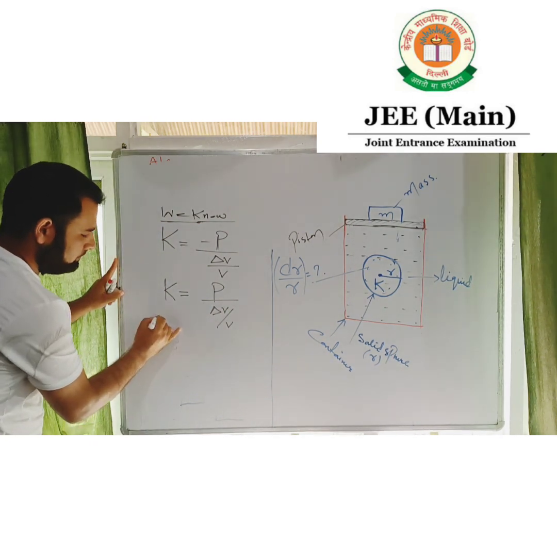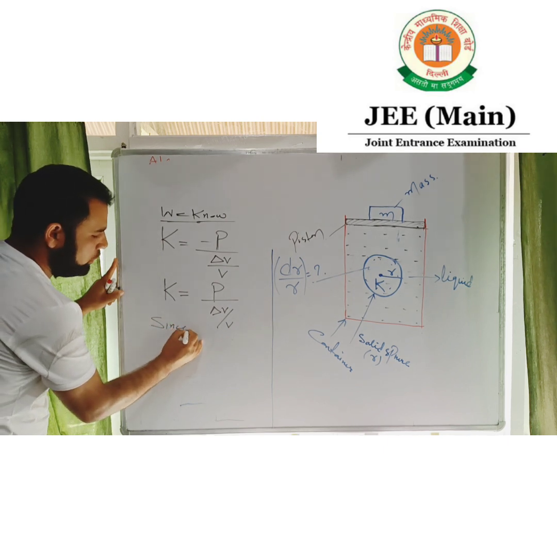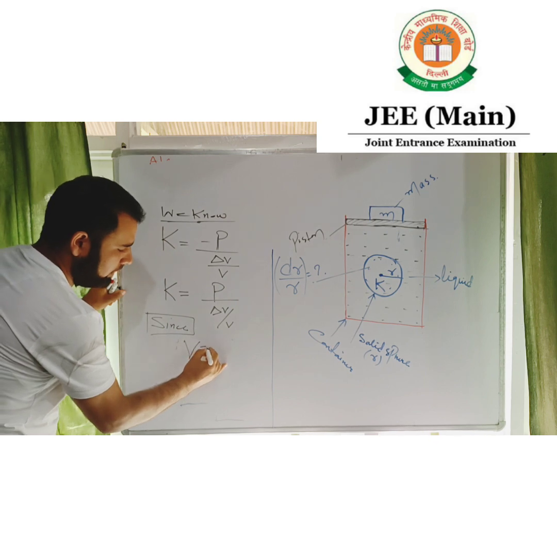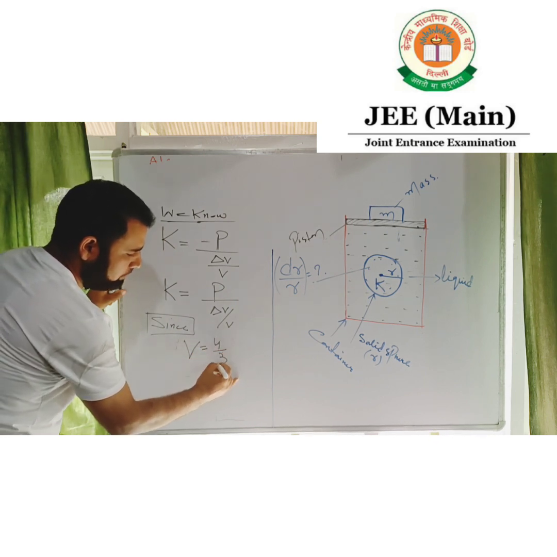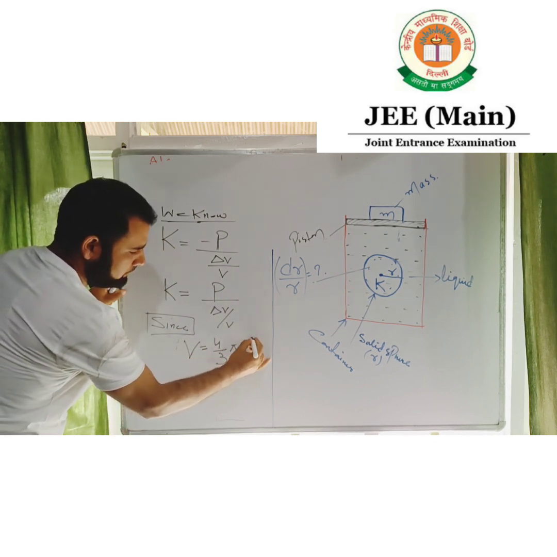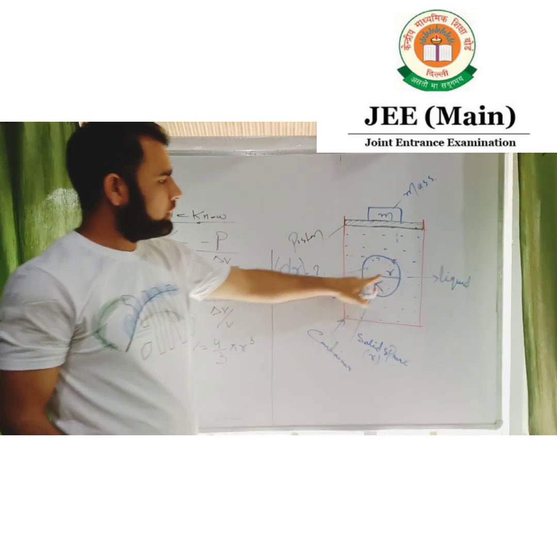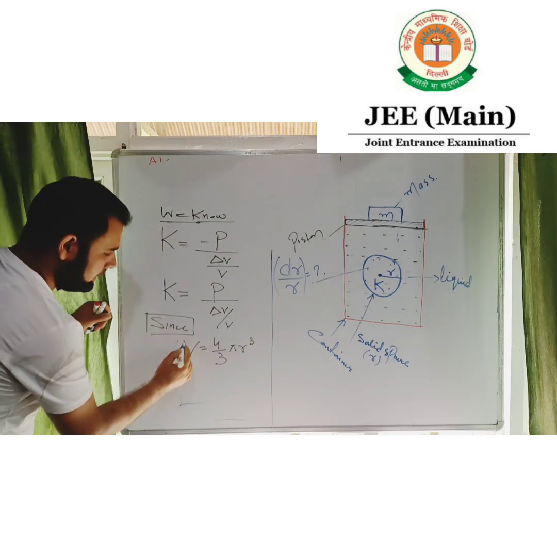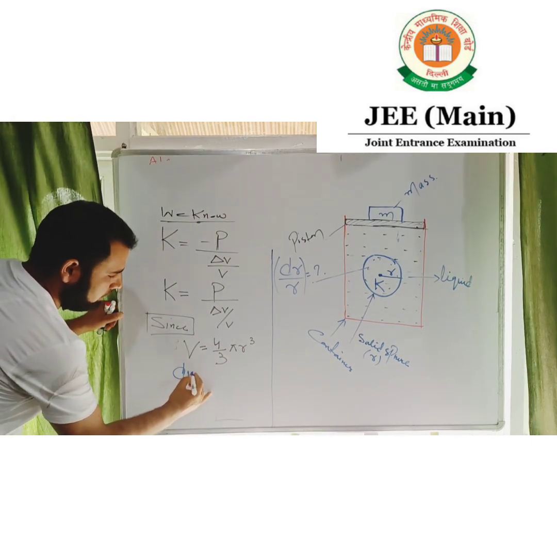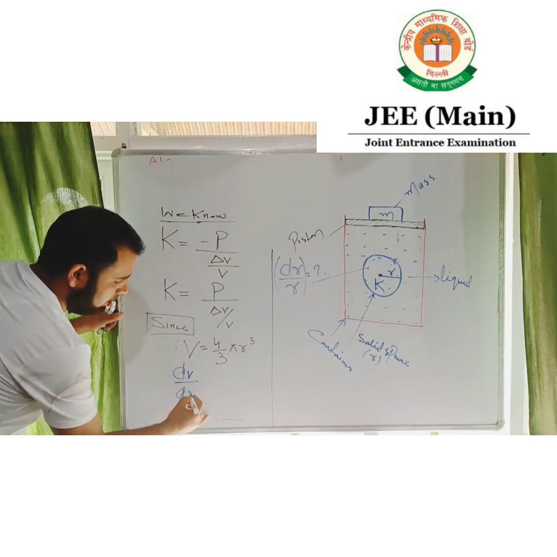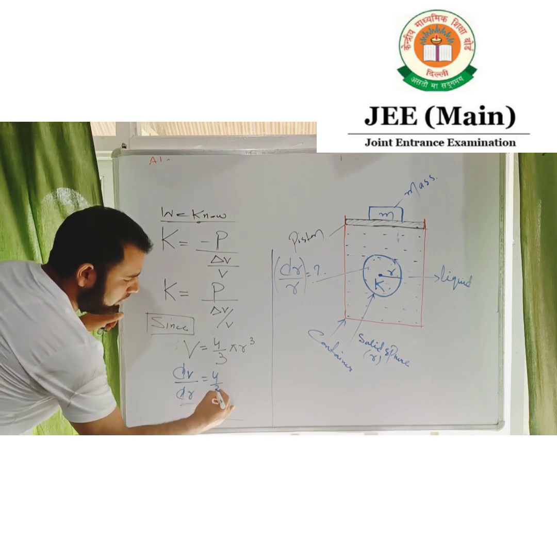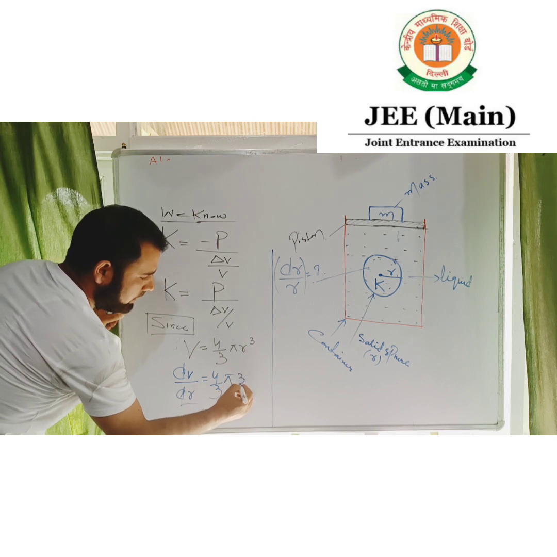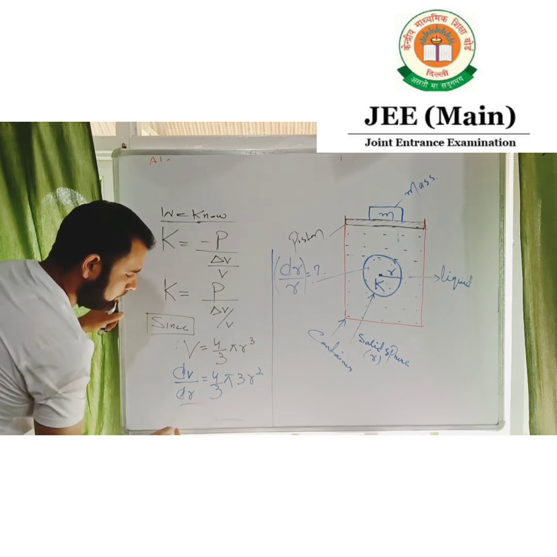Now, we know the volume of this sphere is 4 by 3 pi r cube. Now differentiating this, dV over dr is equal to 4 by 3 pi into 3r square, since differentiating r cube gives 3r square.